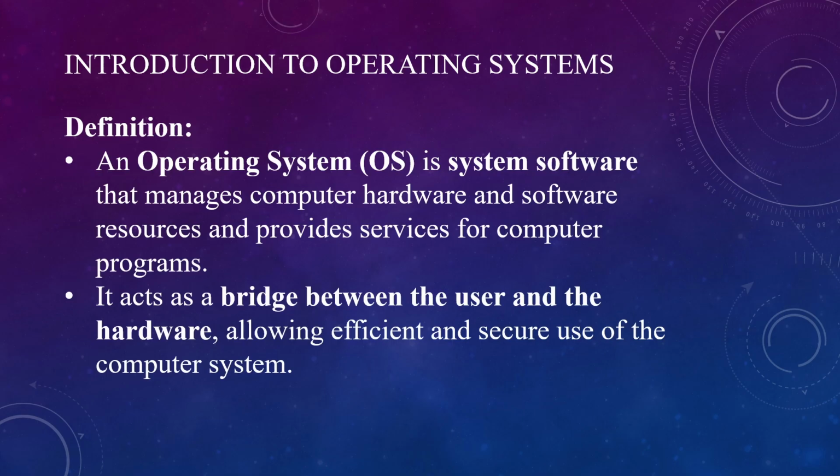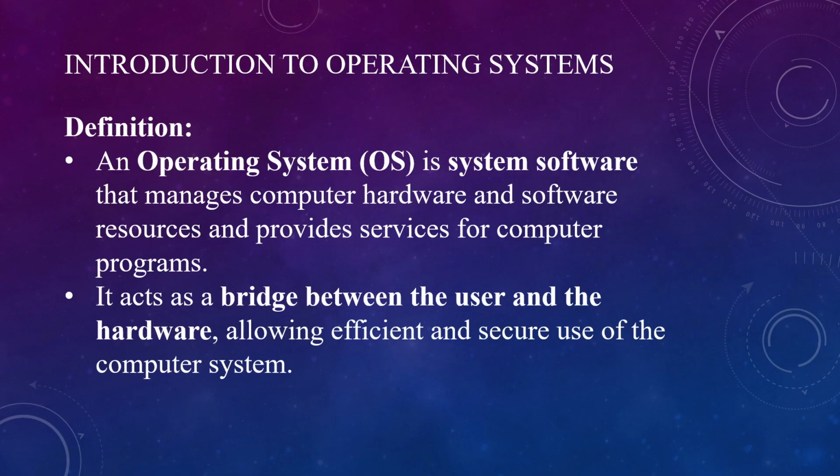Instead, we interact with the applications, and those applications talk to the operating system, which in turn communicates with the hardware. So the OS plays a middleman role. It ensures that the communication between hardware and software is efficient, secure, and reliable. So for security and efficiency purposes, we are using OS.